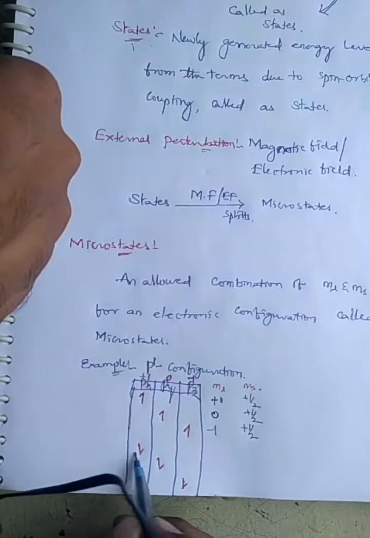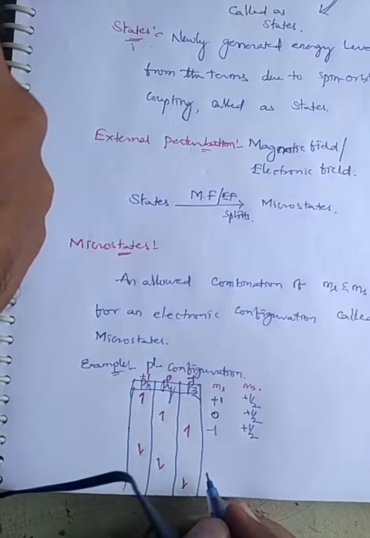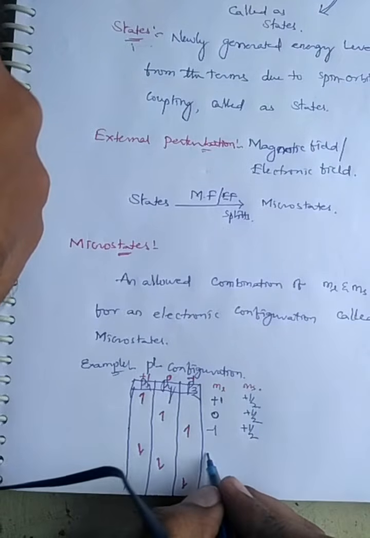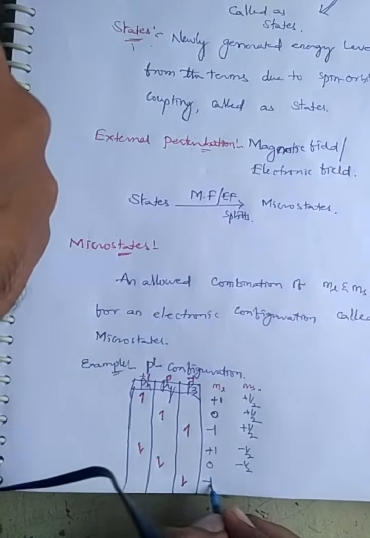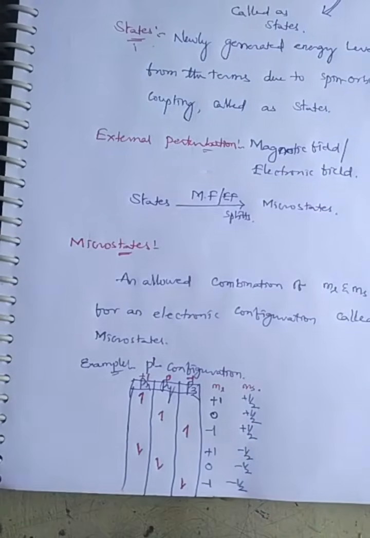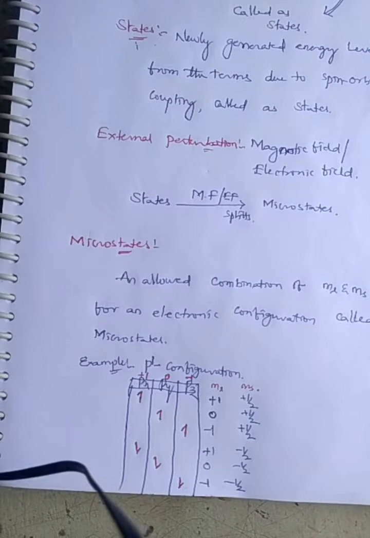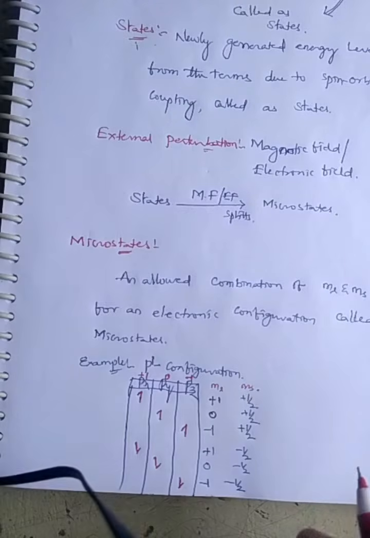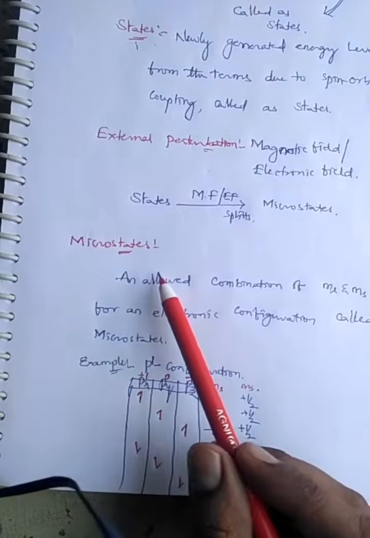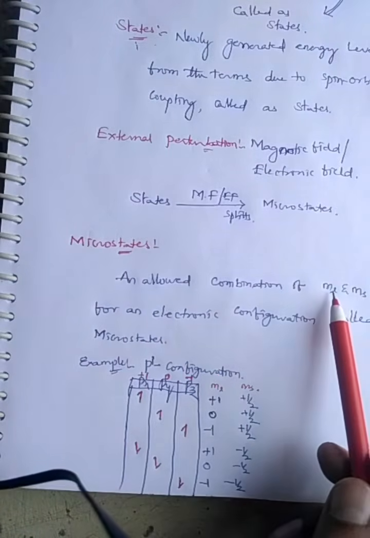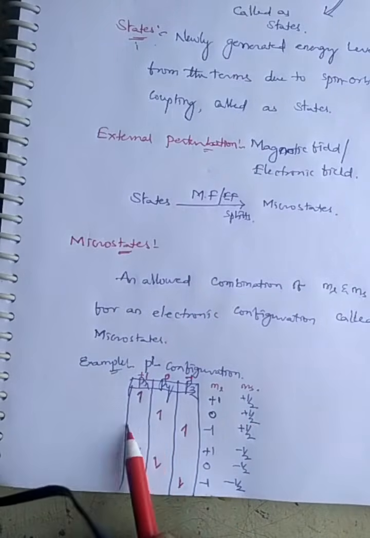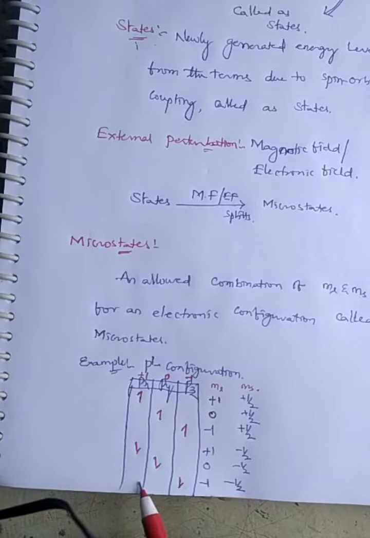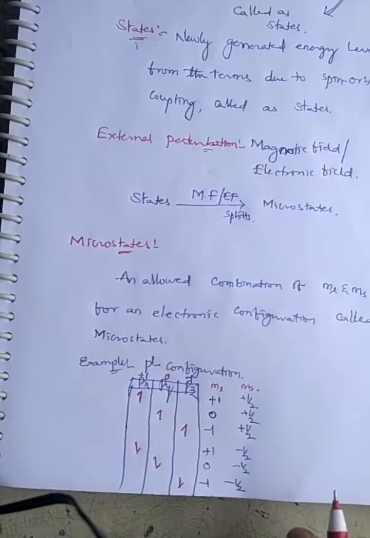Similarly, for the three anti-clockwise arrangements, the ml/ms values are +1 minus half, 0 minus half, and -1 minus half. All these 6 arrangements are possible for a p1 electronic configuration, right? As per the definition, an allowed combination of ml/ms values is a microstate. So for p1 we have 6 allowed combinations of ml/ms values.